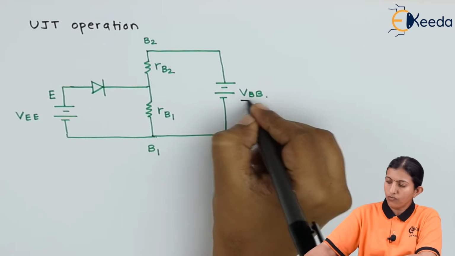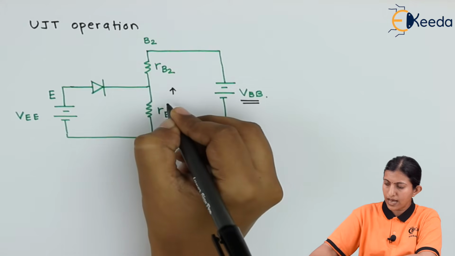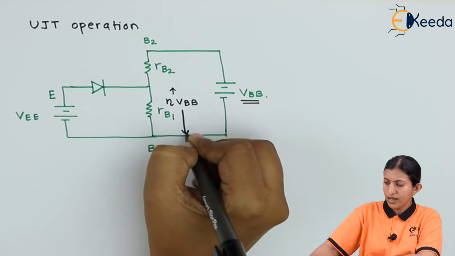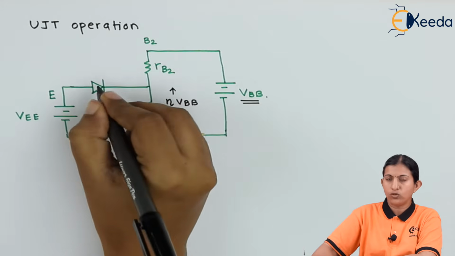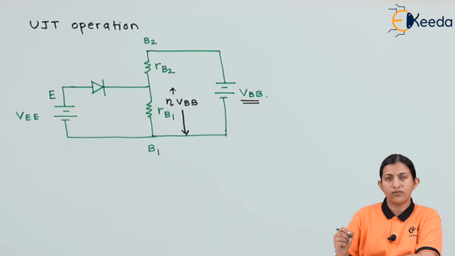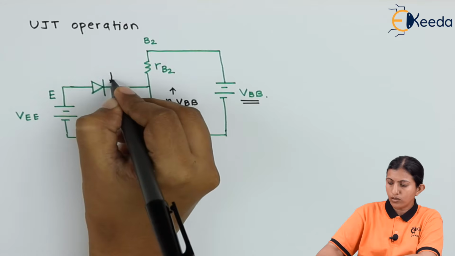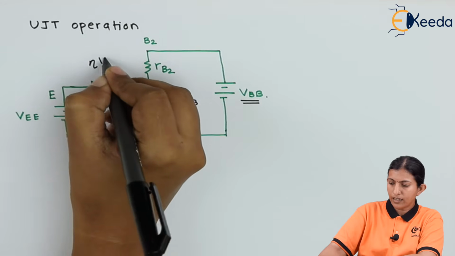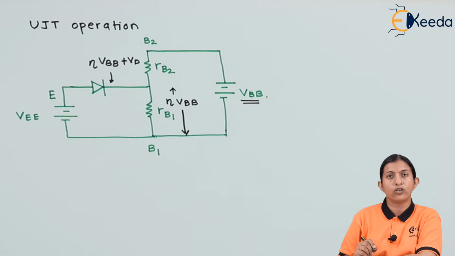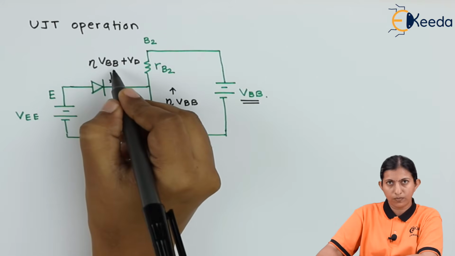Now, because of the VBB supply voltage, the voltage drop across RB1 is always eta times VBB, and that voltage is applied to the diode. So when the input voltage VEE is very small, the voltage at the cathode is eta times VBB.